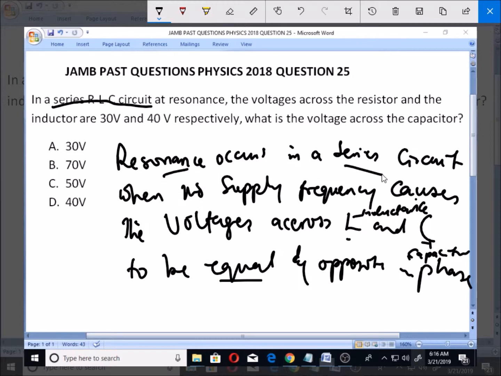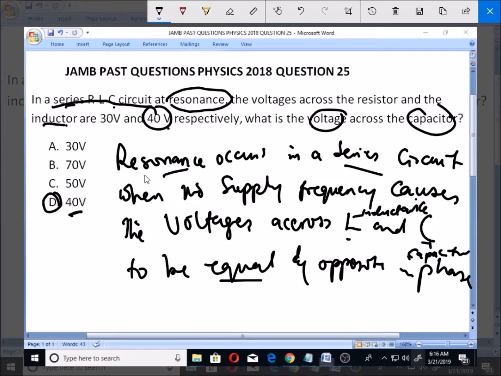That is happening in a series circuit, and this is a series RLC circuit. So since resonance is happening, it simply means that the voltage in the inductor, which here is 40, is the same as that of the capacitor. So the voltage of the capacitor is supposed to be 40 as well. So D is the right option as the answer.